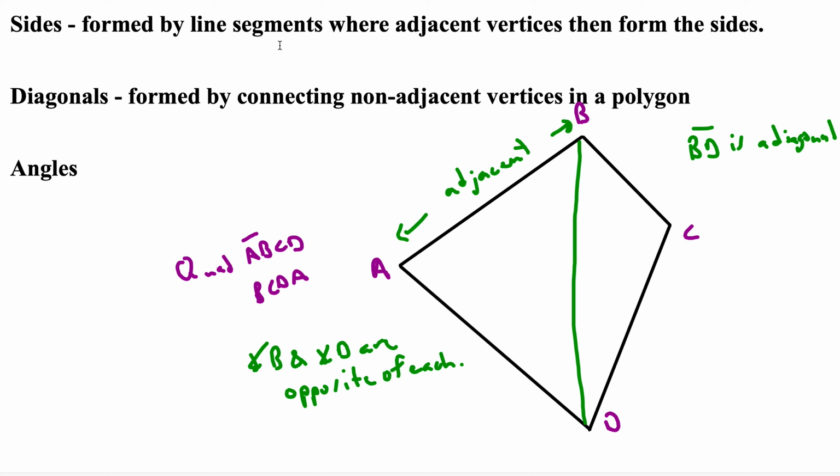The angles in a quadrilateral. Now, if you recognize carefully, we've got not one but two triangles here, and we know that all the angles in each of these triangles add up to 180 degrees.